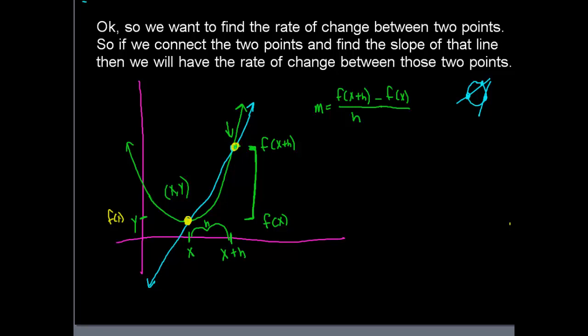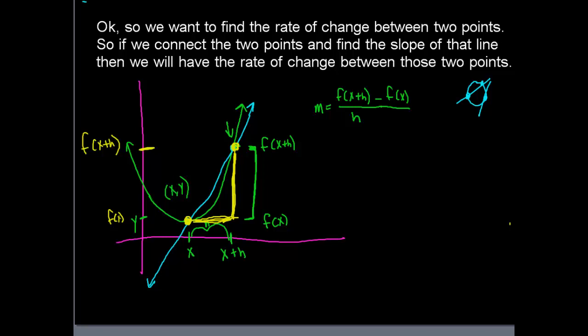Now here's another point. That point is just the same point, but I slid it over to x plus h. So that gives me a horizontal distance here of h, and then a vertical distance here. That vertical distance is the difference between f of x and this point right here, f of x plus h. So I started out here, I went over h.